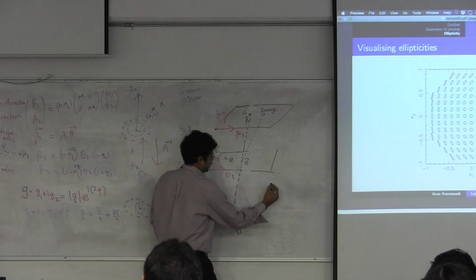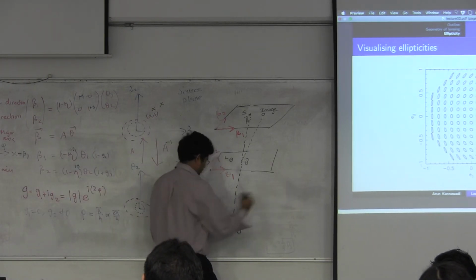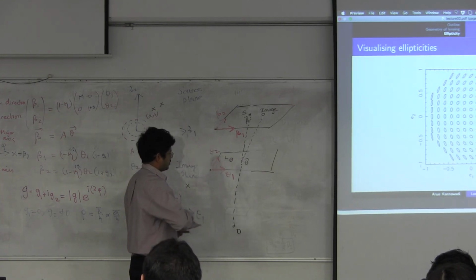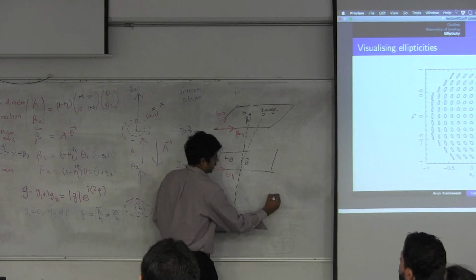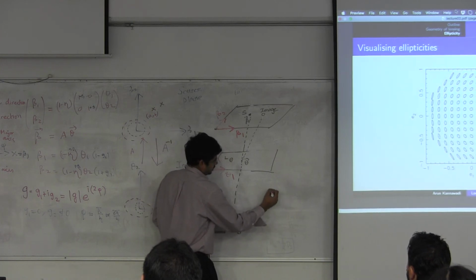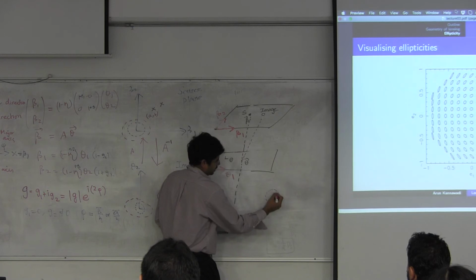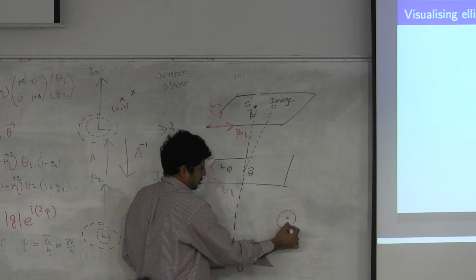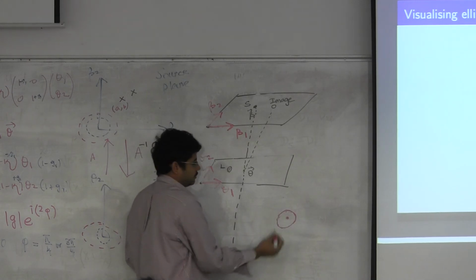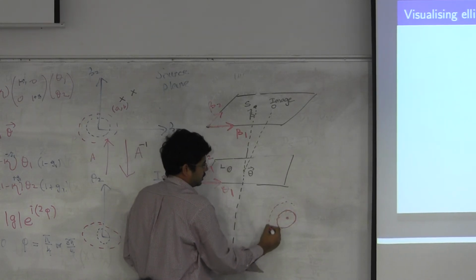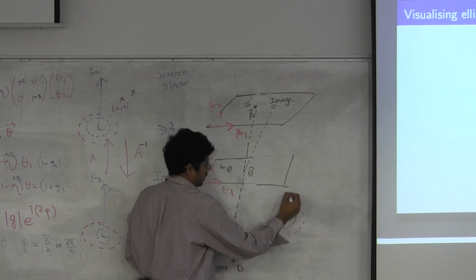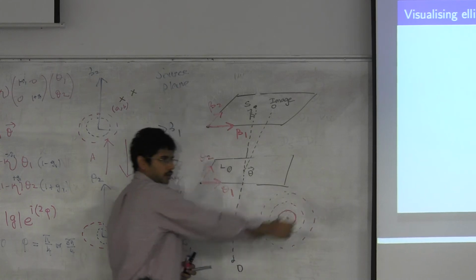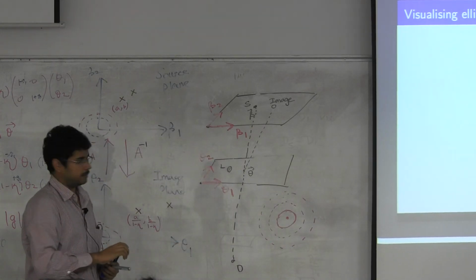You will have a brightest spot in the center, and this will correspond to some bright isophote, that is, the brightness is the same along this ellipse, and then a lower brightness along a bigger ellipse, and an even lower brightness along the outermost ellipse.